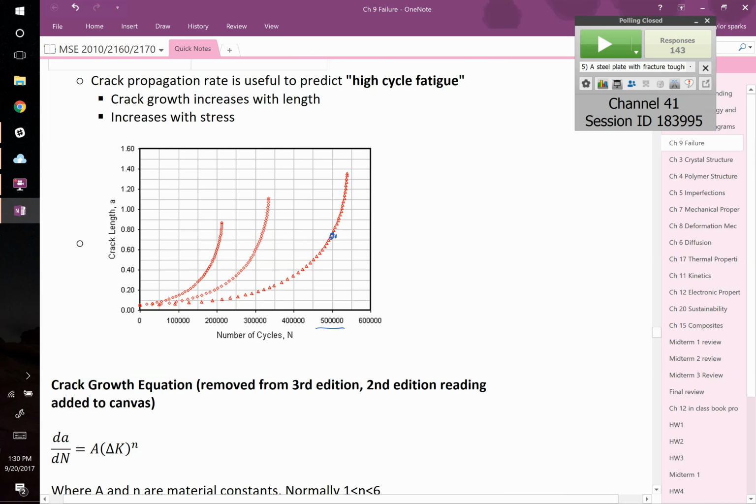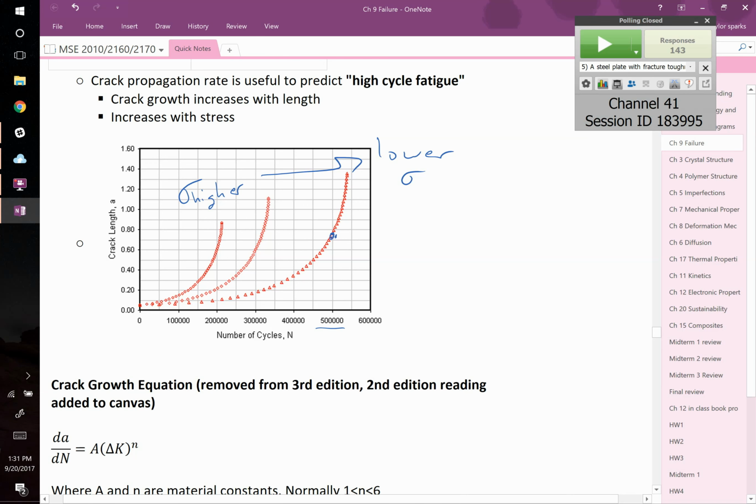So actually, this must be your highest stress, and then it's getting lower. The stress that you apply will change the crack growth, but regardless of what stress you choose, you're seeing what we call exponential behavior. It looks like a power law. It's taking off. Even though the crack after the first 100,000 cycles for all of these scenarios hasn't grown that much, the next 100,000 it really can take off depending on what your stress is.